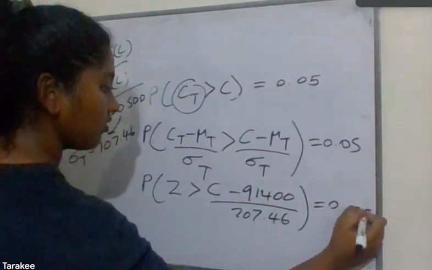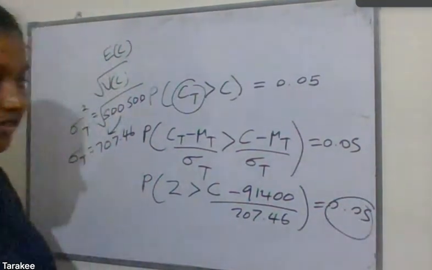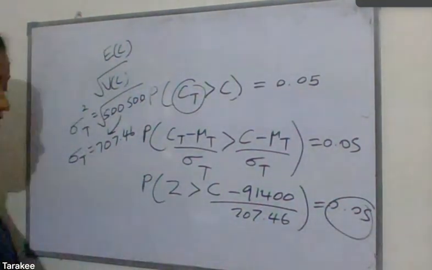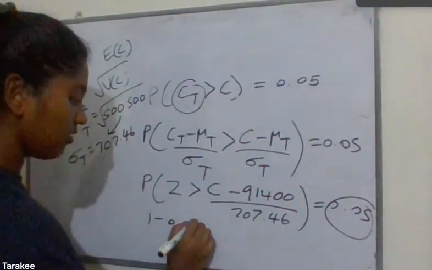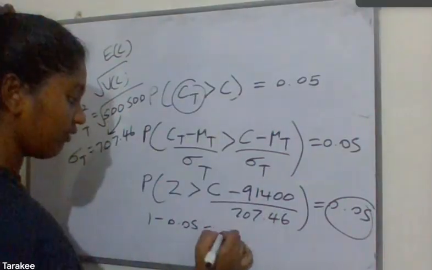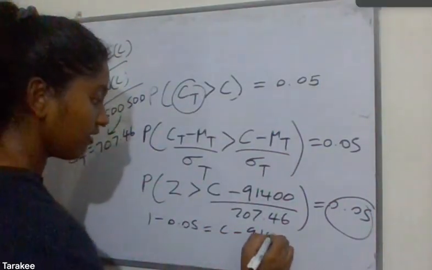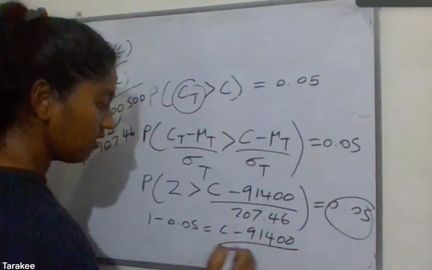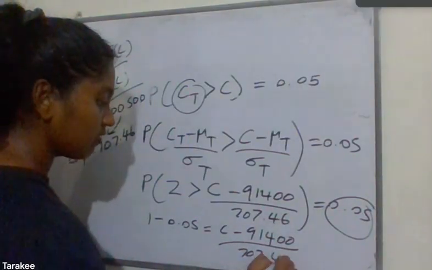Equals 0.05. Now there is no 0.05 value in the z table. So 1 minus 0.05 is the value you get for C minus 91,400 over 707.46.